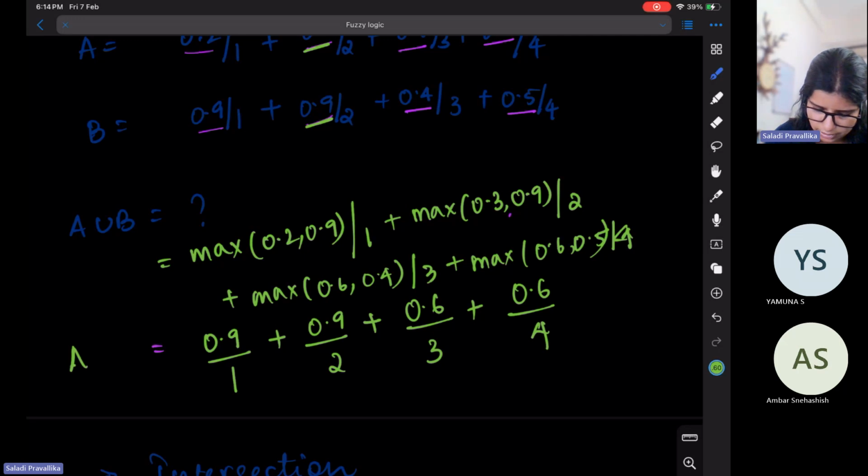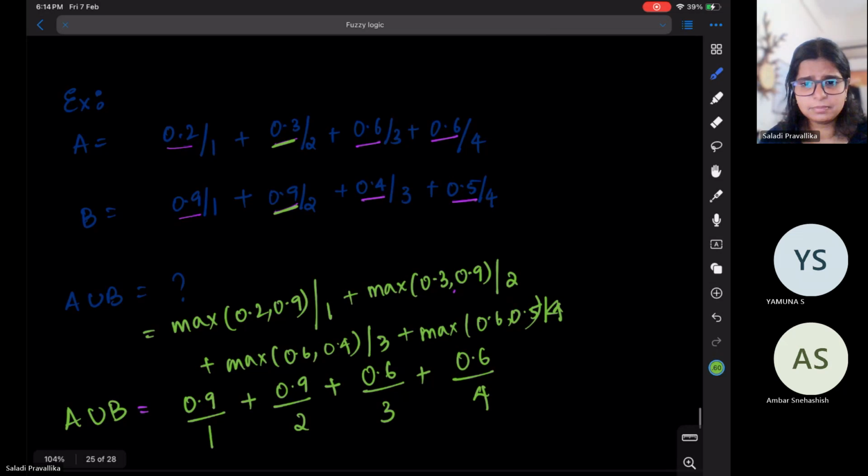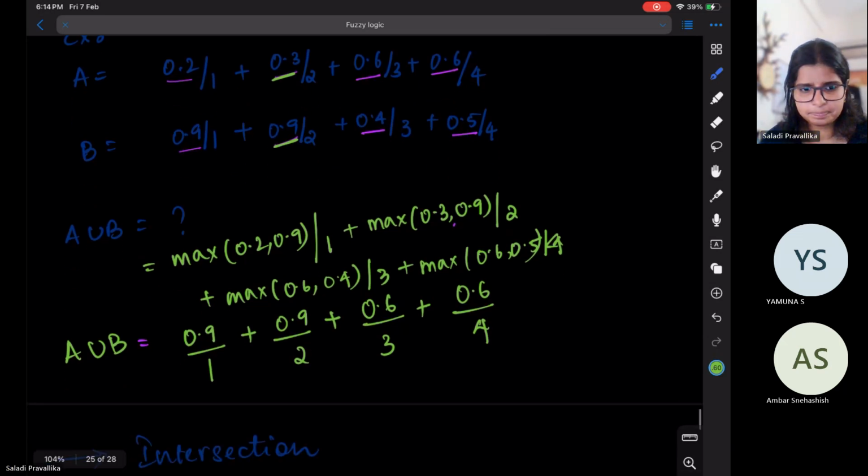So this is A union B, where A and B are two fuzzy sets. I hope it's clear so far. Is it clear?